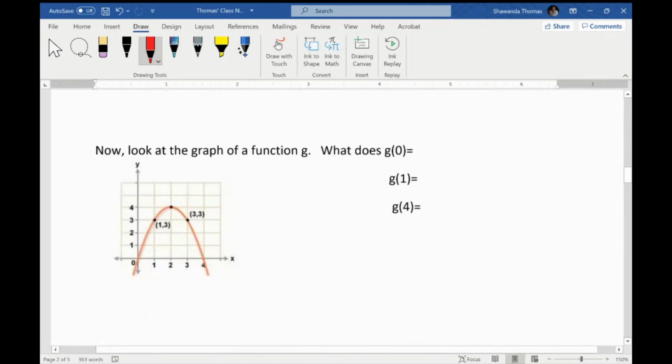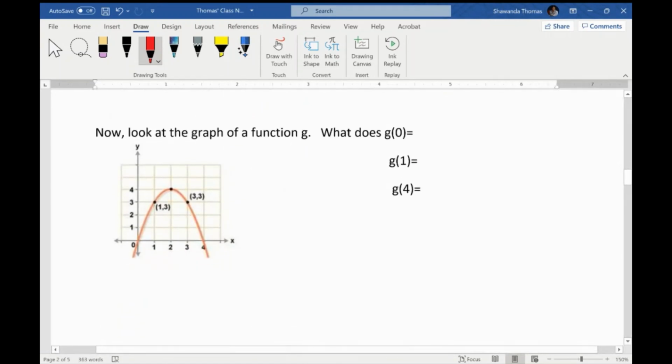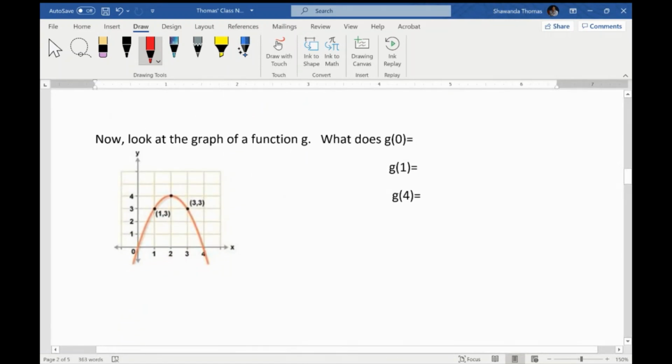What I want you to do for this one is guess at what you think. Not really guess, because some of you, I can tell, know how to do it now. But if you're struggling a little bit, just write down what you think g of 0 equals. Let's say this function is called g of x. What do you think g of 0 equals, g of 1 equals, and g of 4 equals?